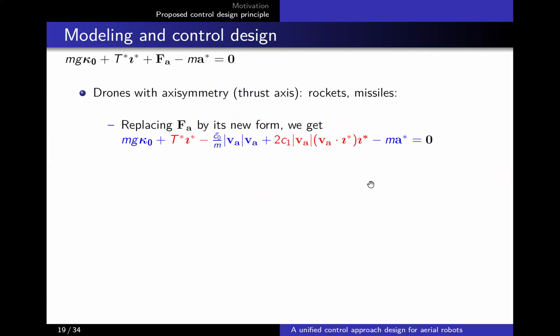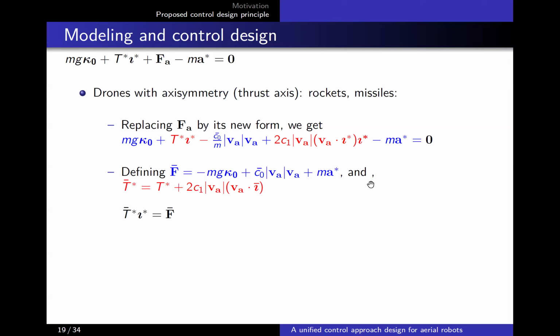There are two terms here. One is the A star, in VA. I put the term in red, I put it with T star, because I can gather them. And I have this term here in blue, which is the same F bar as before. And I have a T bar now, which is T star, similar to the one before, plus an additional term. And I have a new drag, which is F bar.